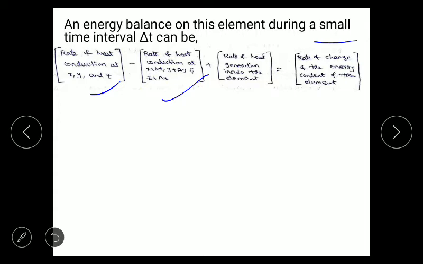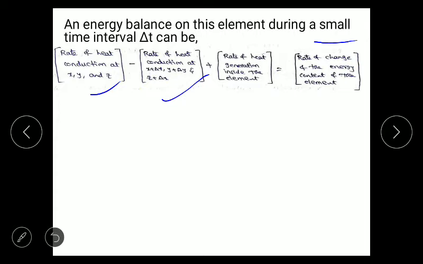The change in energy is equal to the rate of heat that is supplied to the element and the rate of heat that is coming out of the element. The difference between these two will give us the energy change. Heat is a form of energy. That energy change after a time interval delta t can be obtained like this.